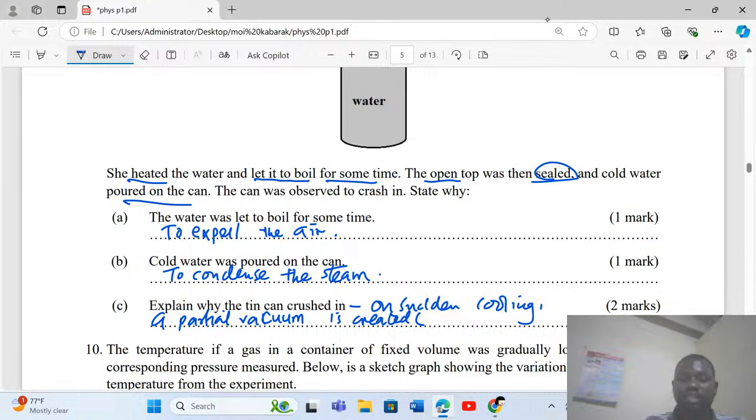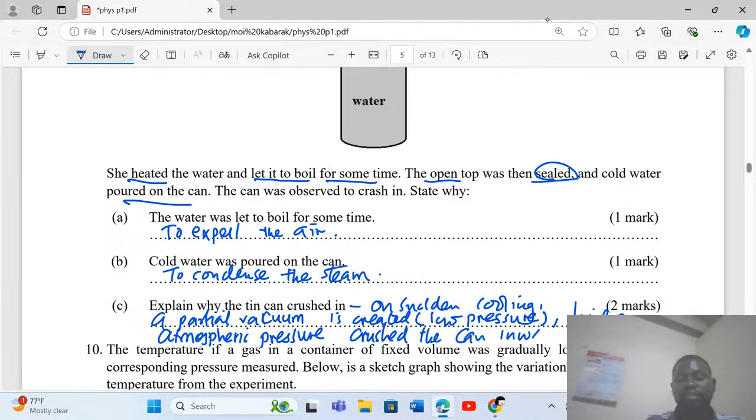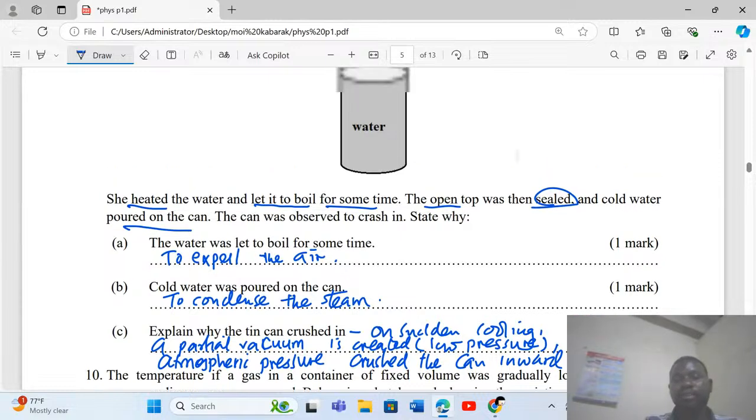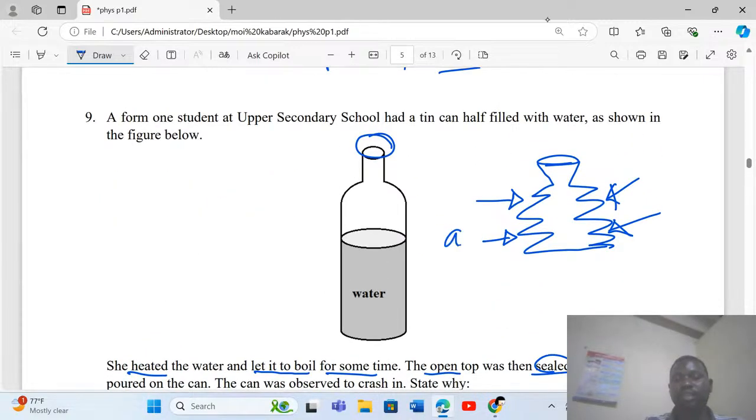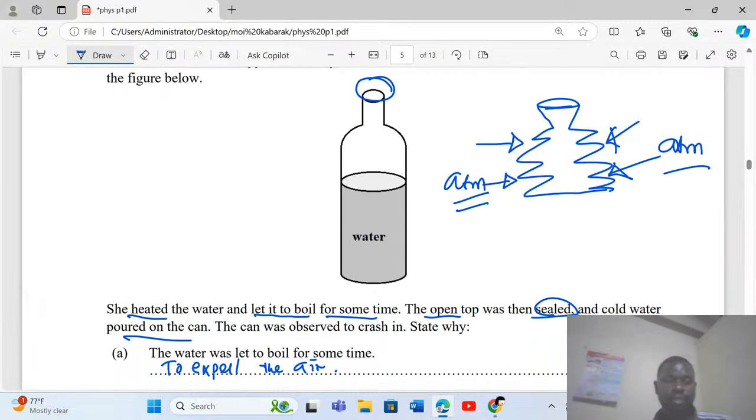This means a low pressure zone. So higher atmospheric pressure crushed the can inward. Now we may proceed.